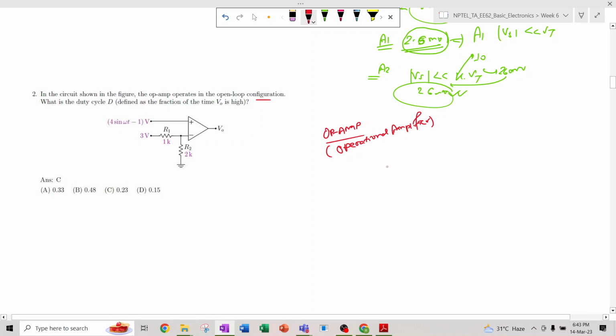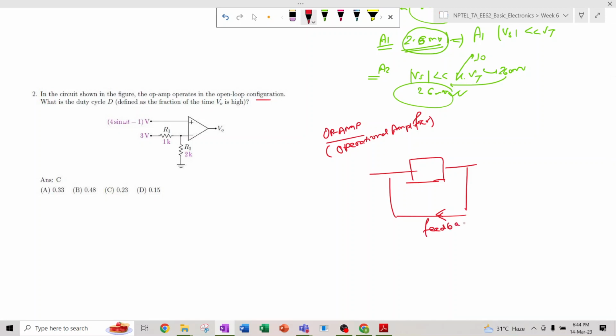Open loop means there is no feedback. In control systems, you have already studied that if a system has some feedback path, then the system is called a closed loop system.